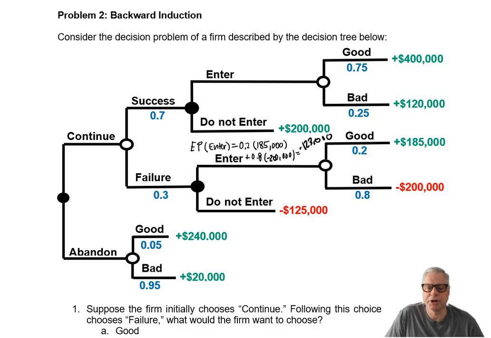So negative 123,000, well, that's still better than negative 125,000, so therefore we enter.